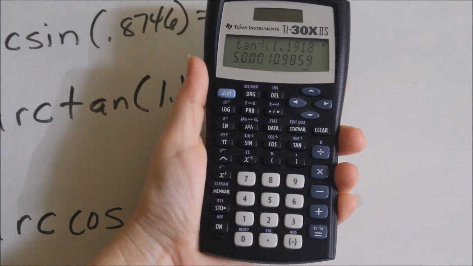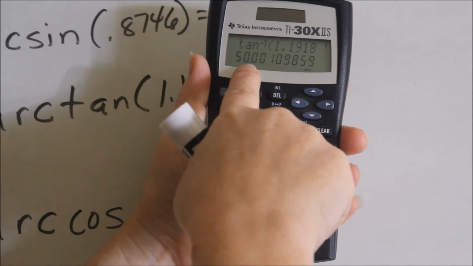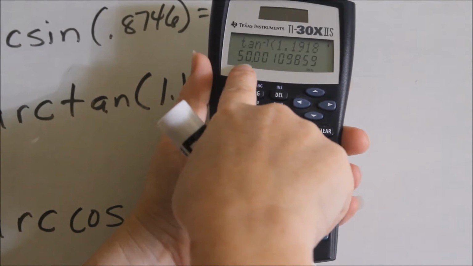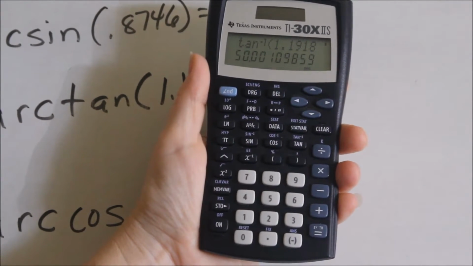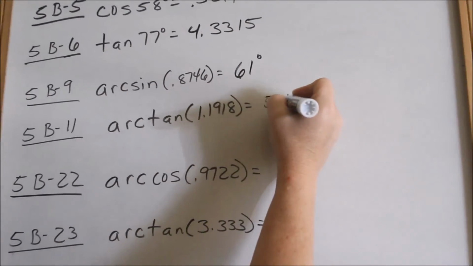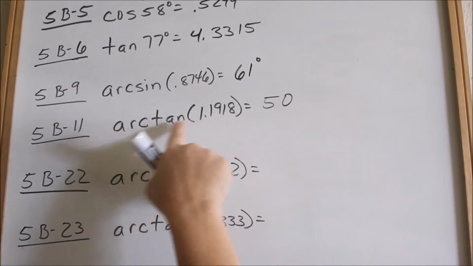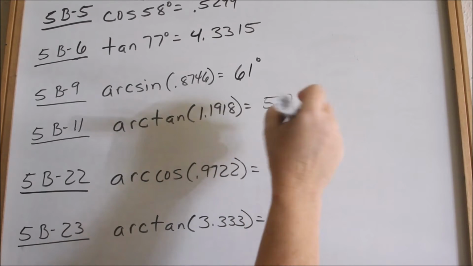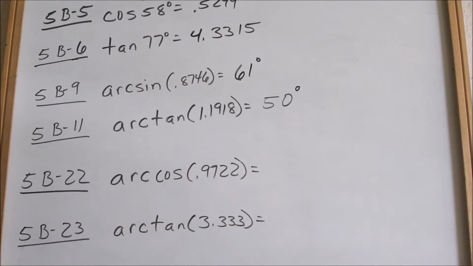Enter, and rounding to the nearest whole number would be 50, because I have 50.00. That's an angle. When you're given the decimal and you're doing the arc tangent, what you're finding is the angle, so the unit is degrees.